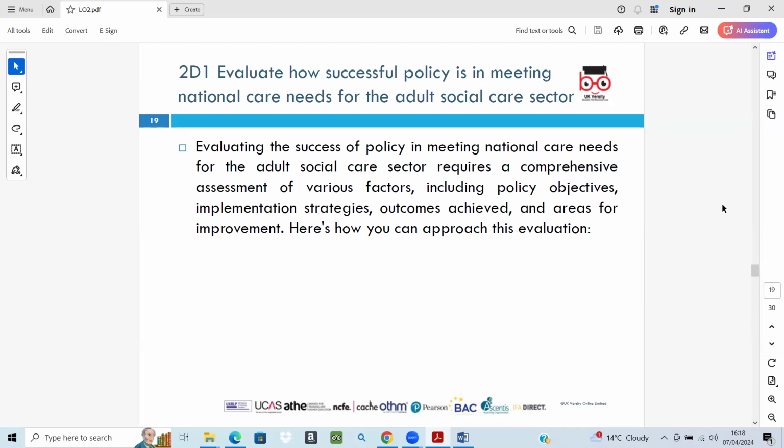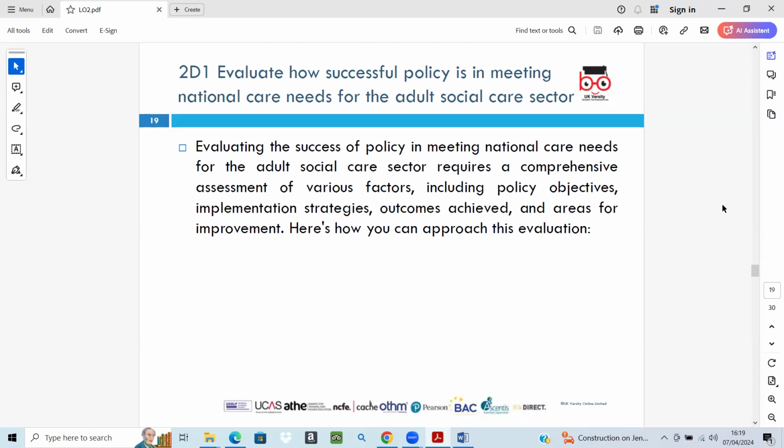Then, what could be the implementation of these strategies? It could be the effectiveness of these strategies in translating policy goals into actionable plans and programs, and coordination and collaboration, like the multidisciplinary team and different agencies among various stakeholders involved in policy implementation, including government agencies, care providers, and community organizations. They all work together.